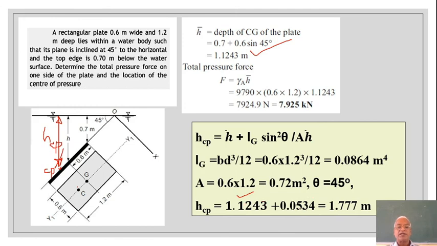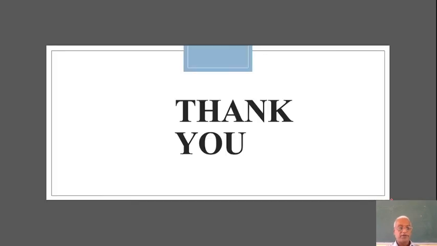Obviously you can see that it is a negligibly small distance which will be getting added, and if the submerged surface goes more and more deeper inside the liquid, this contribution becomes less and less. Anyway, in this case h CP has become 1.777 meters. Okay, with this we'll stop here. Thank you.